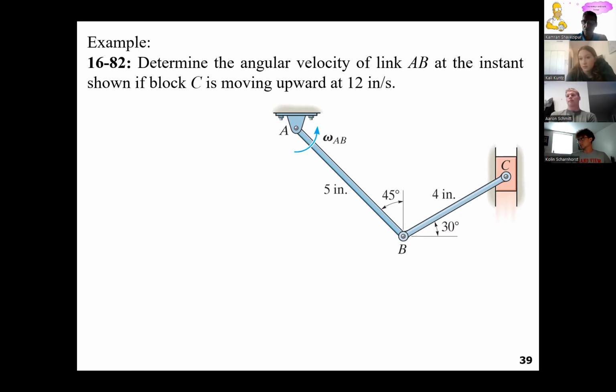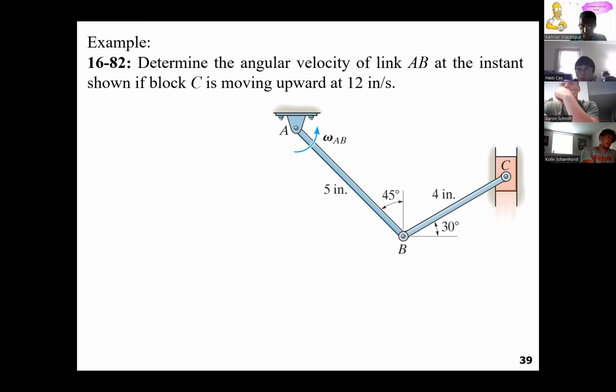So if we want to use IC, which link should I pick for IC? Come on, guys. Which link should I pick for IC? I explained it a couple of times which link we go with.